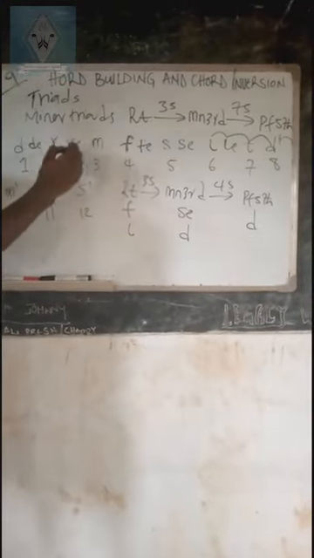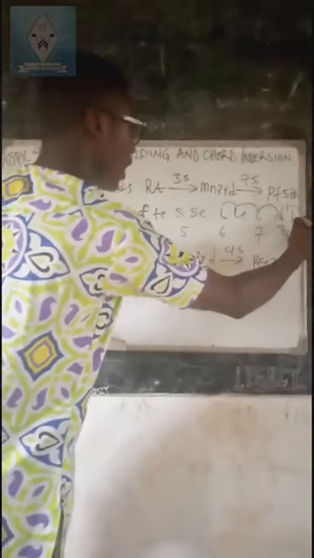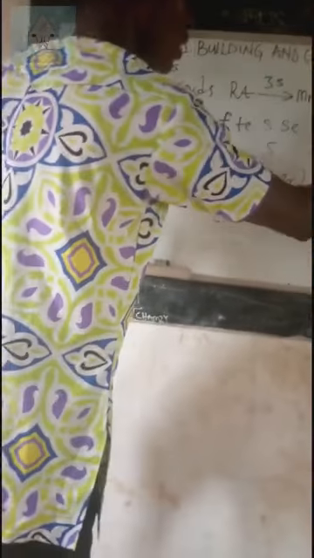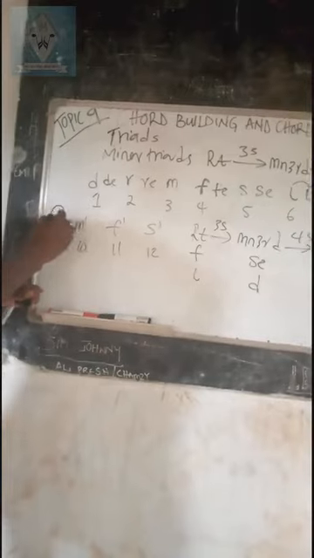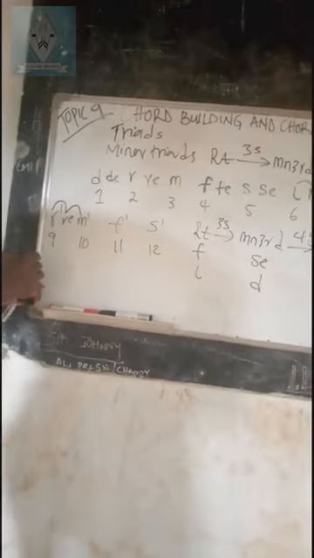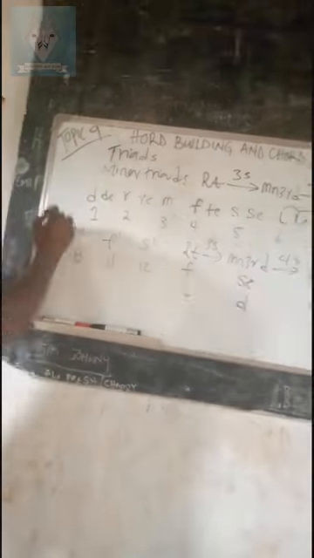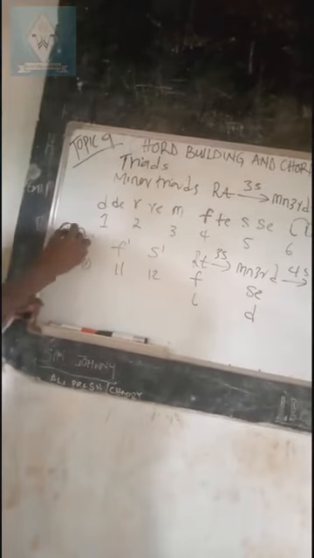So, counting 4 semitones from the minor third, we have 1, 2, 3, and 4.